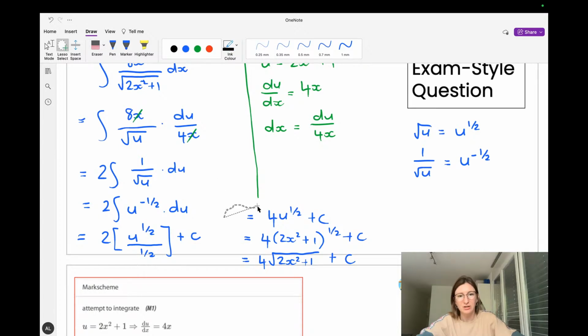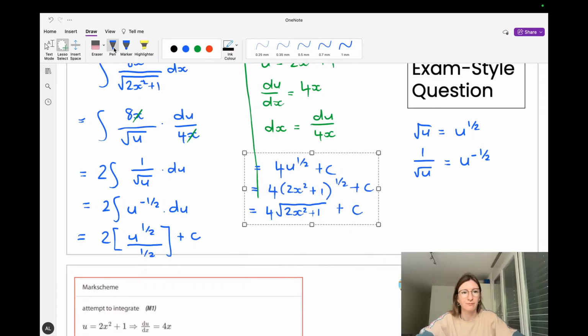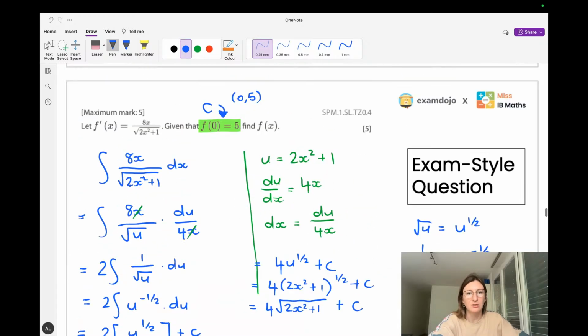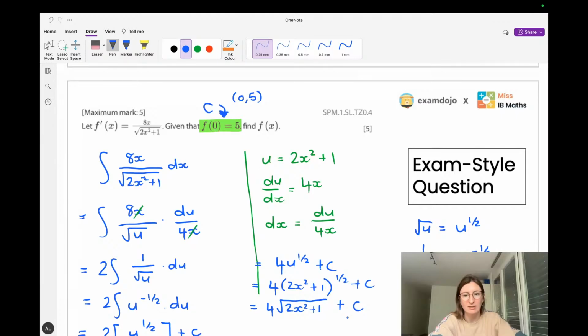I'm not finished yet because I need to find c. That's why they gave me an initial condition. So I need to use this information that they gave me here to find my c value. So they've given me, and let me write actually, f of x equals 5 and x equals 0. So I'm going to substitute that in.